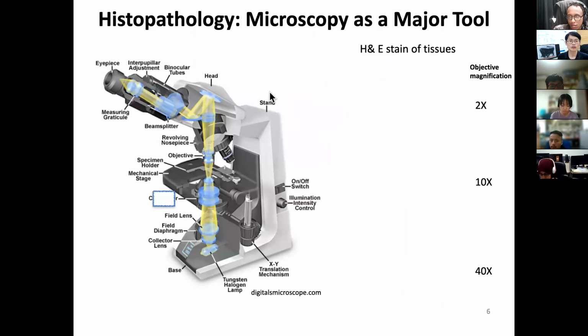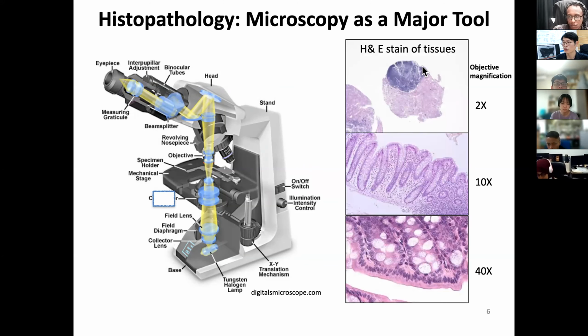So I want to bring your attention to what your pathologist, the doctor, does most of the time. They use this microscope as a tool, and most of the time, over 90%, they use H&E stained tissue. So you can see I put the typical magnifications of 2x, 10x, and 40x.